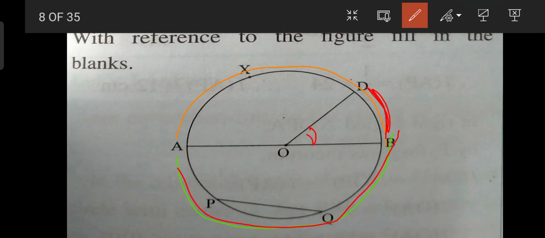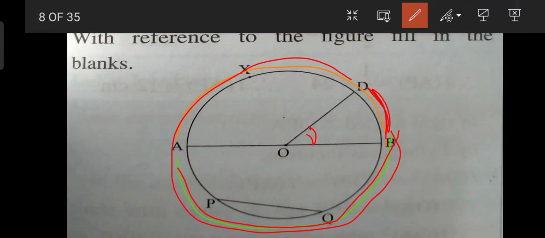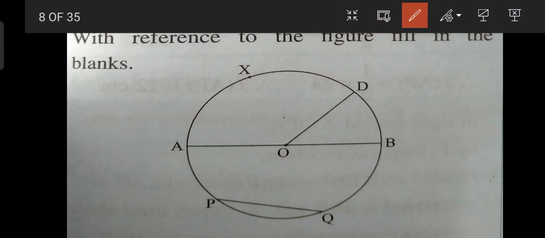That means D, A and B. I'll show you much better, students. We have seen that arc DB is actually the angle DOB. Wherever the angle is being formed, you can find it and name the arc.